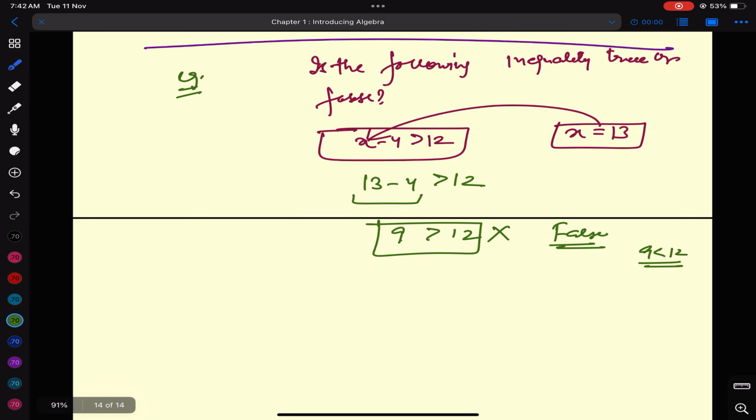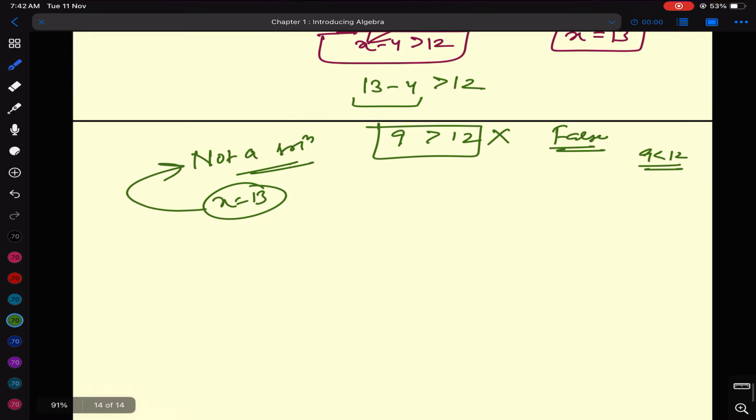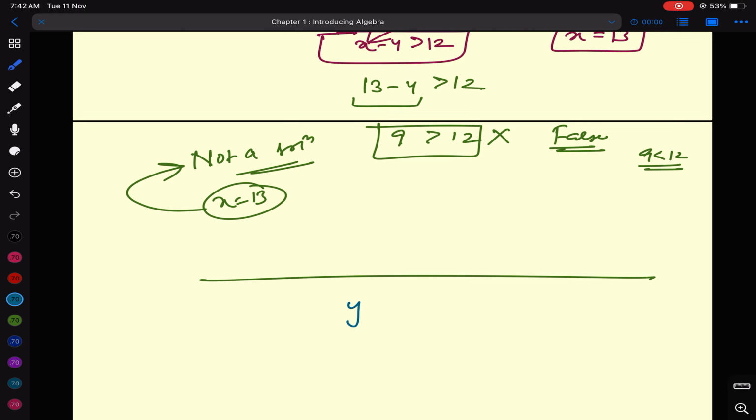Now here it didn't turn out to be true, so x equal to 13 is not a solution of the given inequality. Clear? So I hope this is clear.